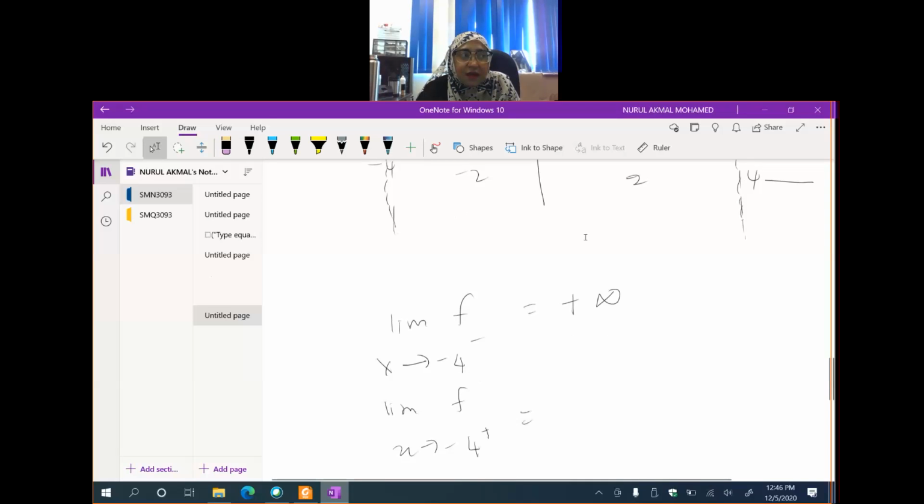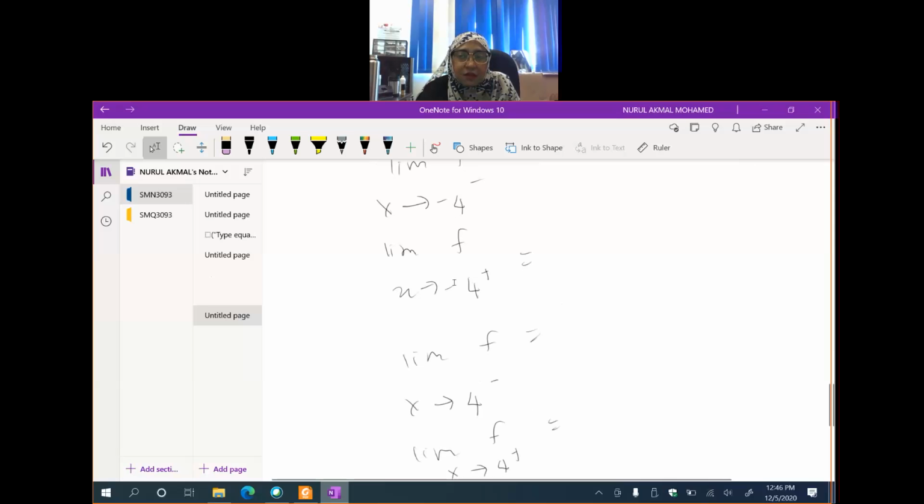What about the second one? This one? Negative 4 from the right.